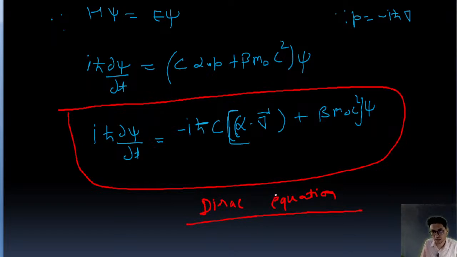Very important, you may be asked this question directly: what is the Dirac Hamiltonian or Dirac equation? So this is i h cut del psi over del t equal to minus i h cut c alpha dot del plus beta m naught c square psi. This is the Dirac equation.